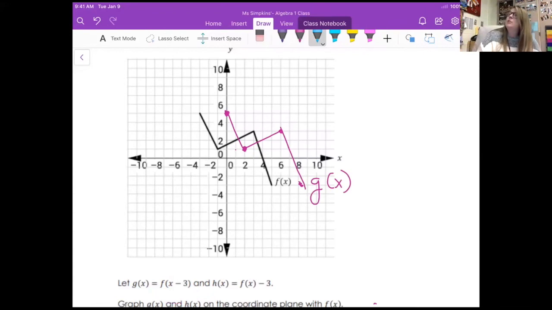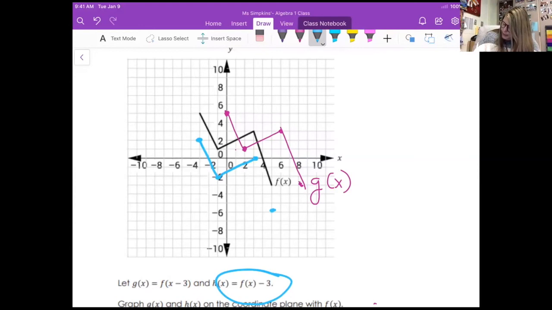Okay, so we're going back to our parent, which was the black zigzag. We are now subtracting 3 outside the parentheses. So how's that going to move? Down 3. So we want to take each of those and move them down. 1, 2, 3, 1, 2, 3, 1, 2, 3, 1, 2, 3.